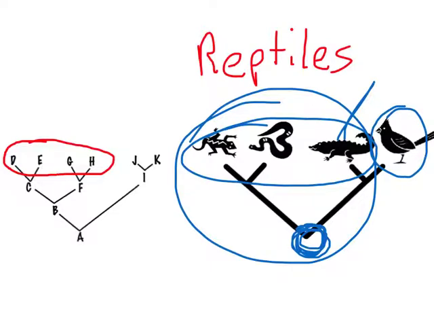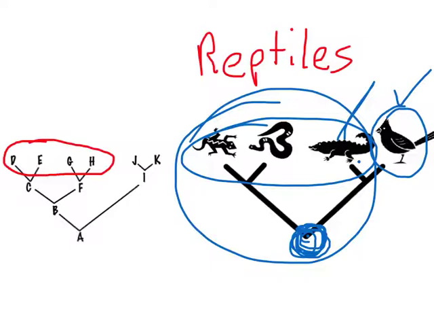So the group of reptiles is not monophyletic. It does not include all of the ancestors and the descendants. The descendants in this case would have to include the birds if it was to be monophyletic. And that happens because the crocodile is more closely related to birds than it is to snakes and lizards.